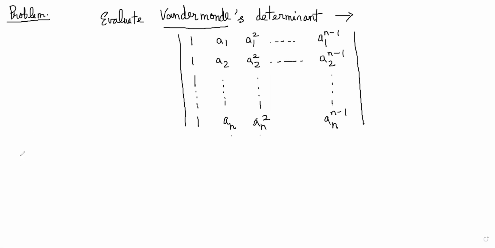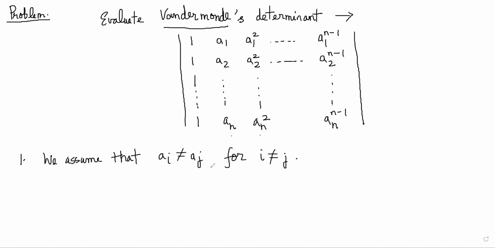So first thing that I would like to say here is, obviously, we assume that ai is not equal to aj for i not equal to j. So what does this mean? If you have a's in different rows, a1 is not equal to a2, a2 is not equal to a3, and so on.